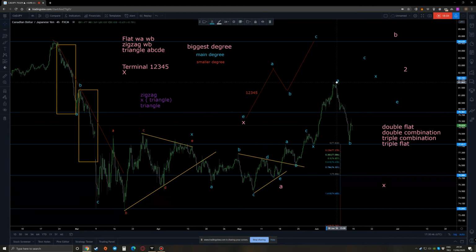For example, if you are thinking that it will be A, B, C like this, it is not very possible. Why? Because this C wave as a flat with failure is too little. So it is stupid to go short now if this is your scenario. So even though there are so many possibilities, you still have to use some common sense. Okay.